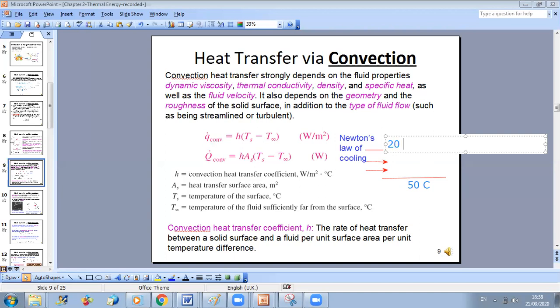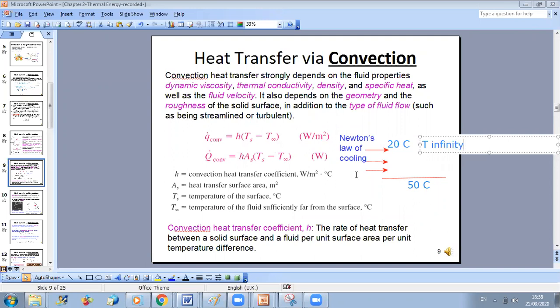So you can say that very far from the surface, the temperature will be the temperature of the fluid, which is 20 degrees. This is called T infinity, okay? So this is T infinity, which is the temperature very far from the surface.